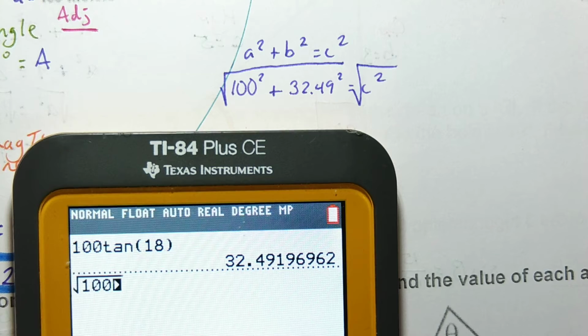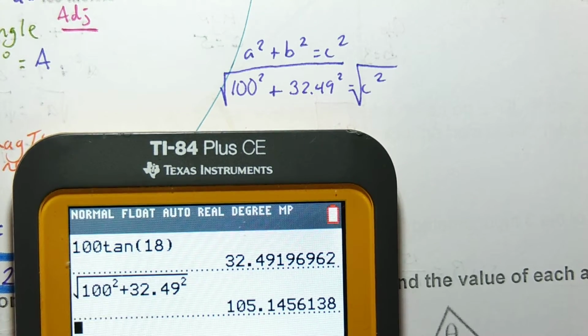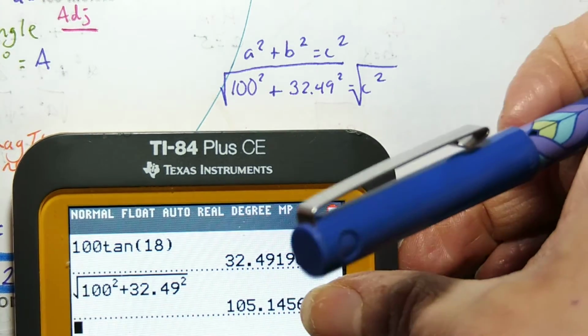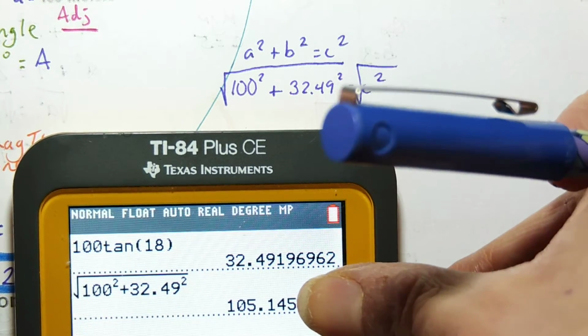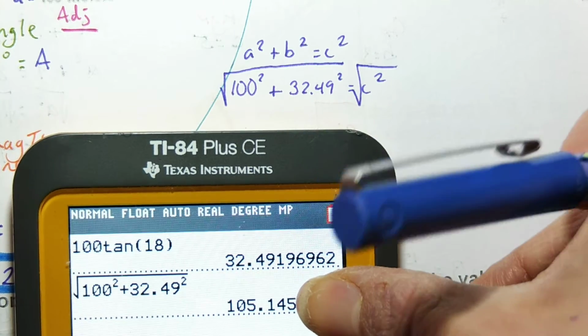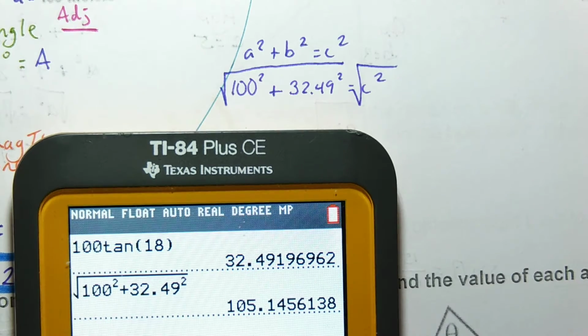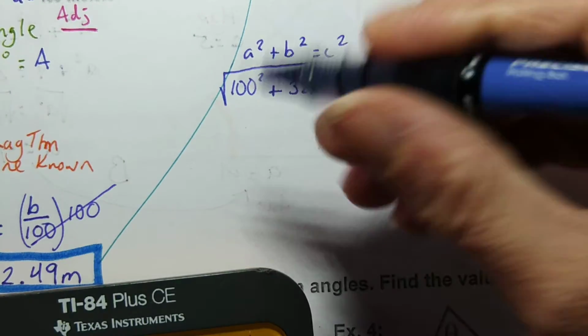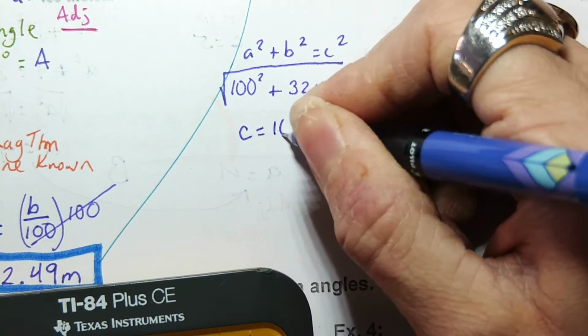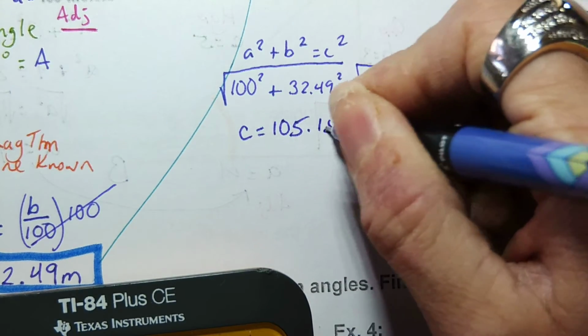So square root of 100 squared plus 32.49 squared is 105.1 what? 15. So the third digit is enough to bump us up. So the 4 changes to a 5. So 105.15 meters.